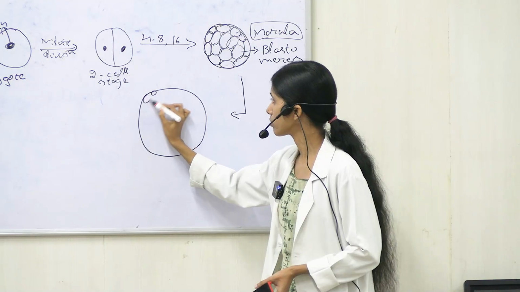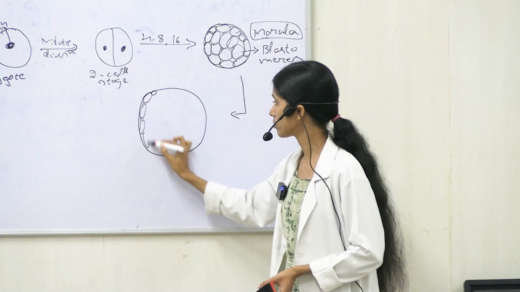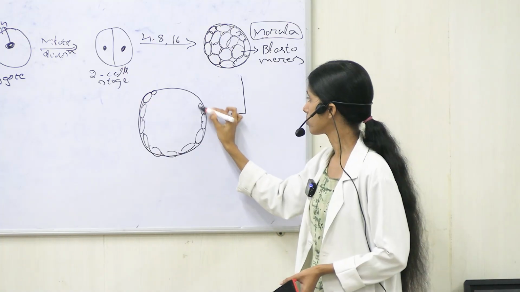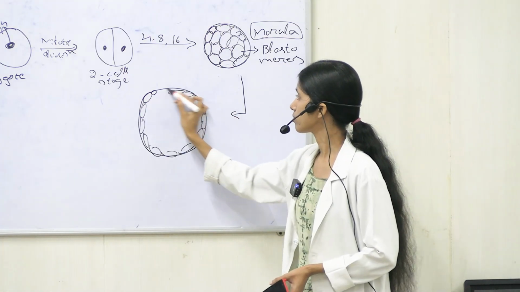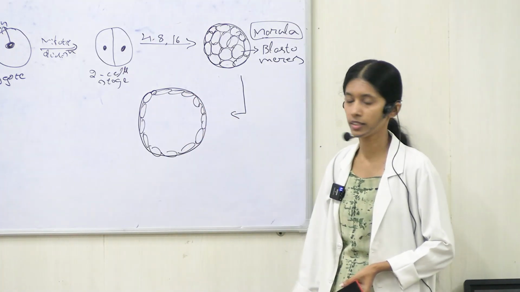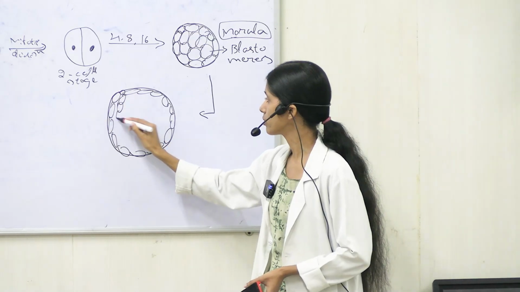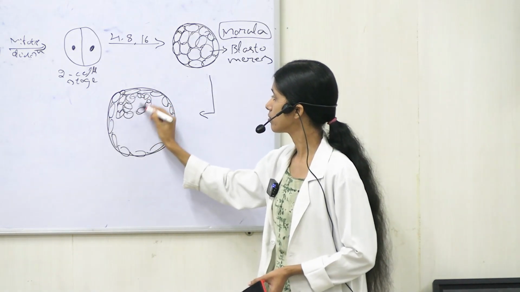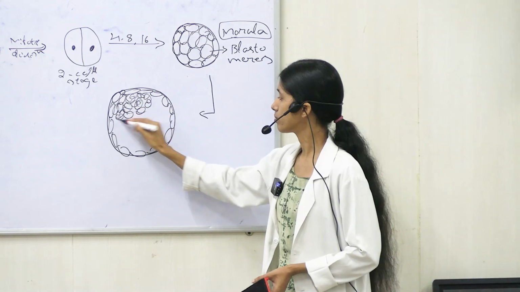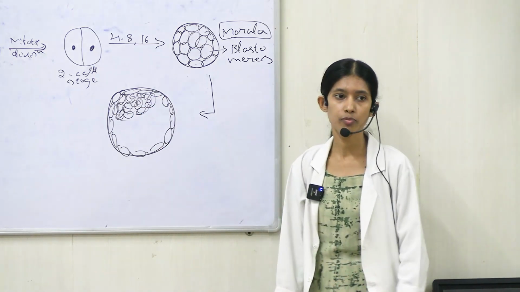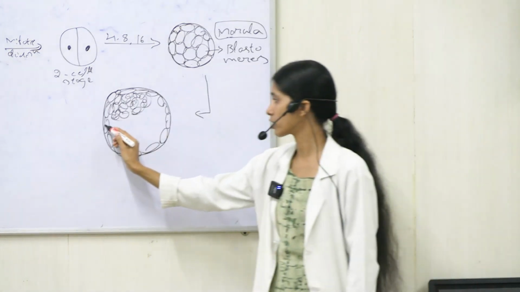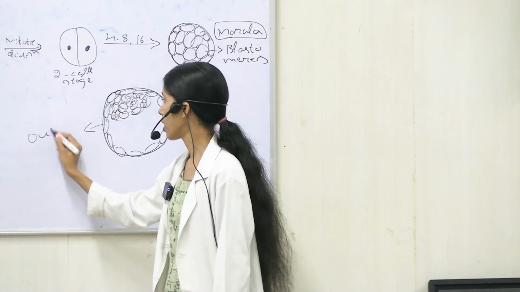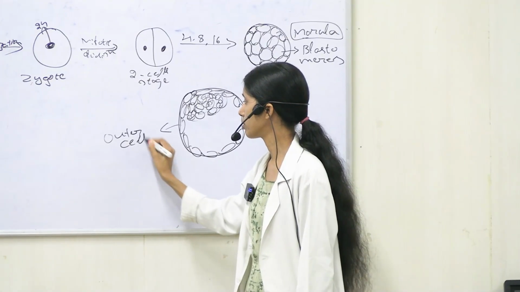Something like this, then followed by, okay. So now this structure is called the outer cell mass.